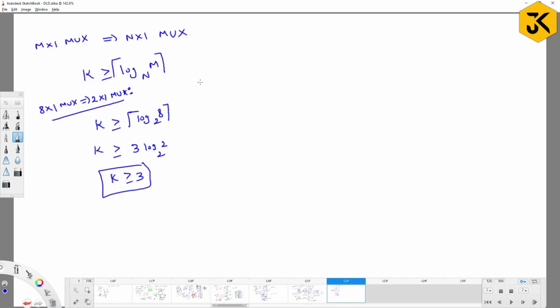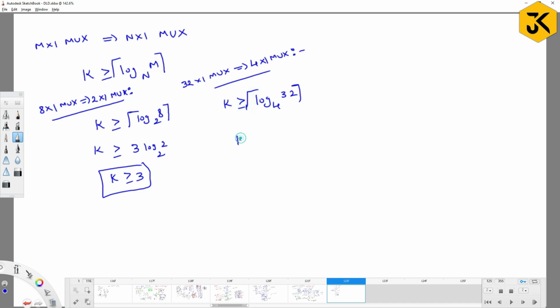Similarly, for example, if I would like to construct a 32 by 1 mux using 4 by 1 mux, what are we going to do? So k should be greater than or equal to log 32 base 4, which should be the ceil.